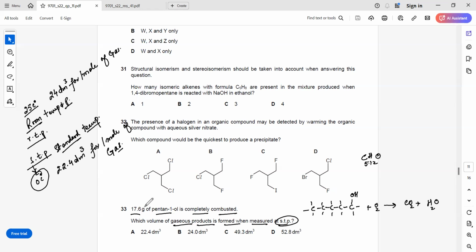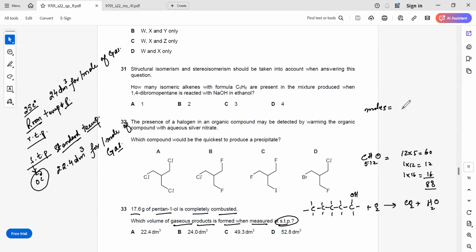They have given us 17.6 gram of this compound. So 17.6 gram, let's find out its molar mass first. So 12 into 5, that is 60. There are 12 hydrogen atoms. So 1 oxygen atom. So the total is 88. And 17.6 means how many moles we are using.